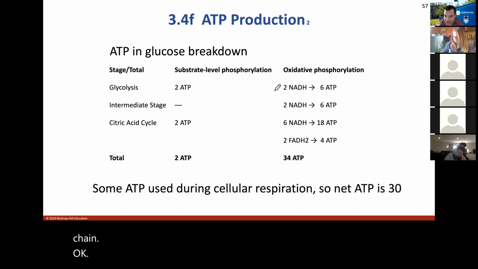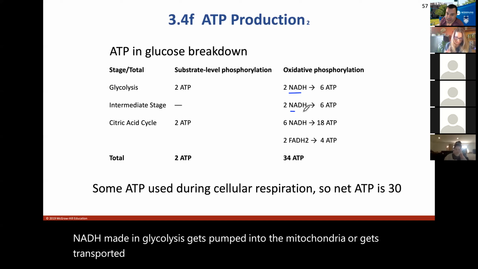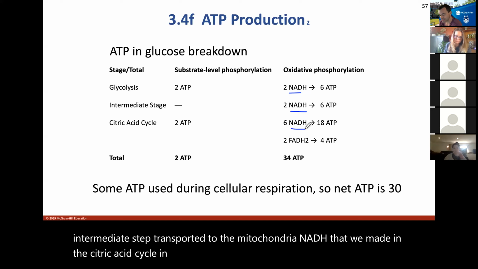What is oxidative phosphorylation? NADH made in glycolysis gets transported into the mitochondria. NADH that we made in the intermediate step, transported to the mitochondria. NADH that we made in the citric acid cycle in the mitochondria gets transported to the cristae of the mitochondria.